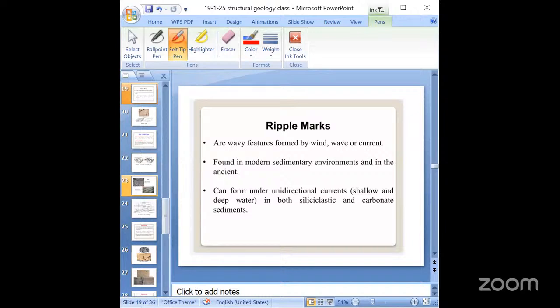And next one is ripple marks. A ripple mark is a wavy structure characterized by a crest and a trough, right? Crest and trough. In other words, they are very small dune-like features of sand or silt whose long dimension is at right angles to the direction of current movement.